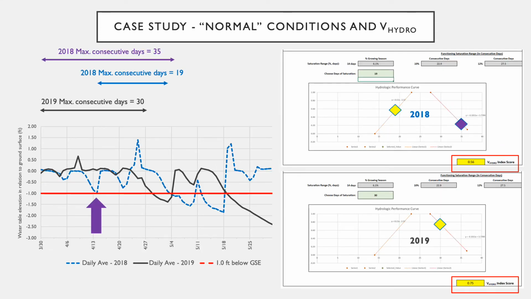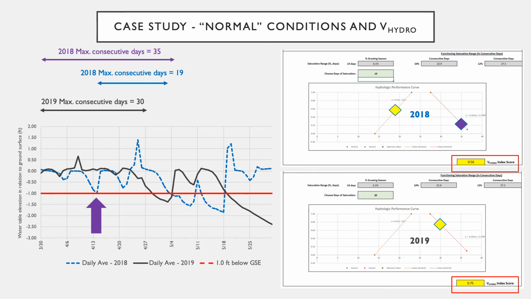Now, to throw a little wrinkle in this assessment, the purple arrow there shows a minor deviation in 2018 below 1 foot. That value was actually negative 1.01 feet. So it fell very slightly below the minimum saturation range as required by regulation.